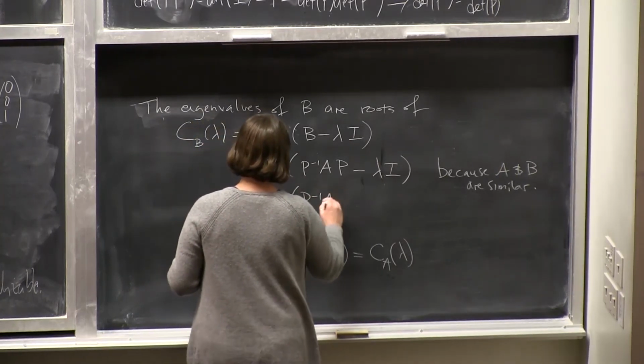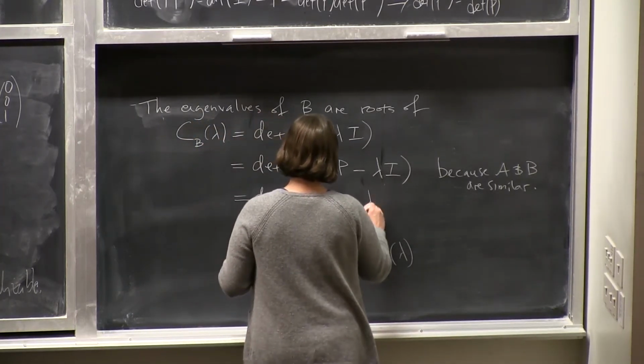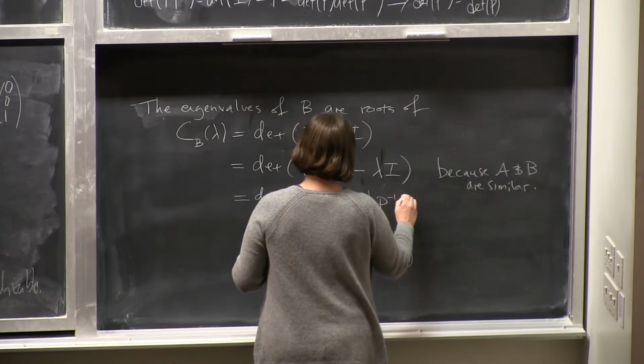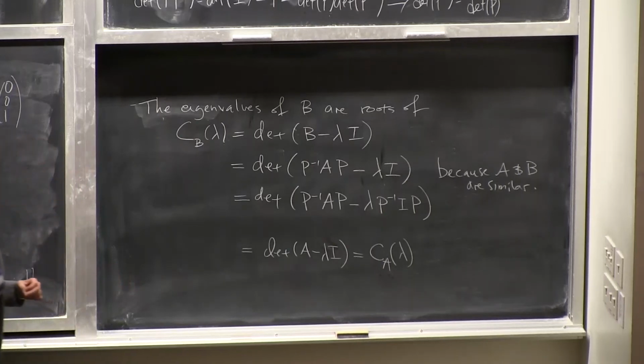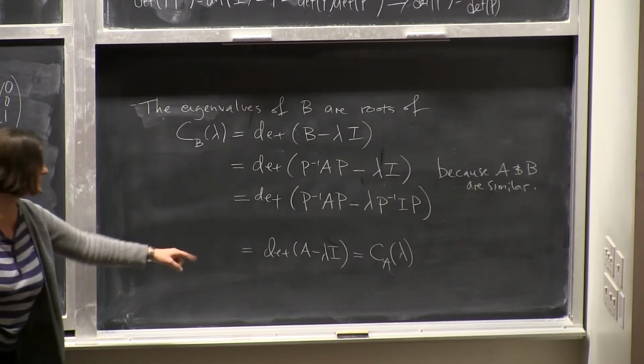P inverse AP minus lambda, P inverse identity P. Is that legitimate? Yes. Is it sort of perverse? It seems a little bit like a strange thing to do, unless you know what you want, which is to somehow get here.